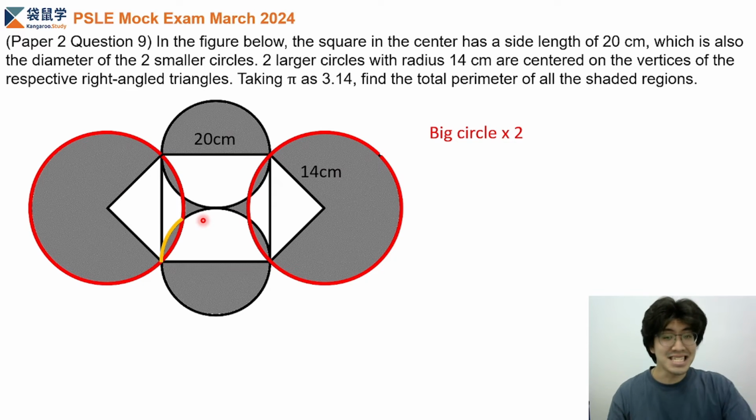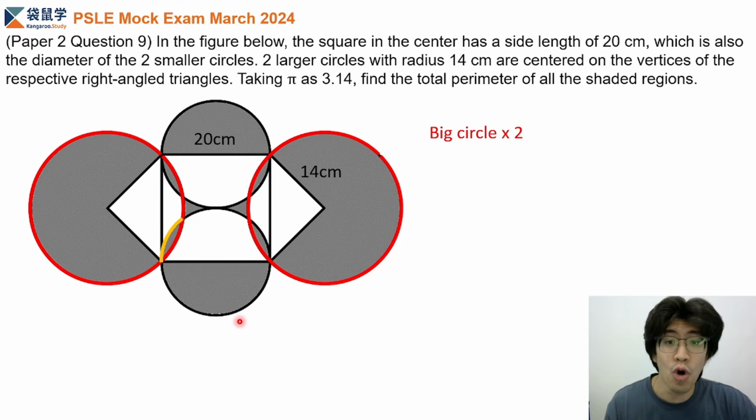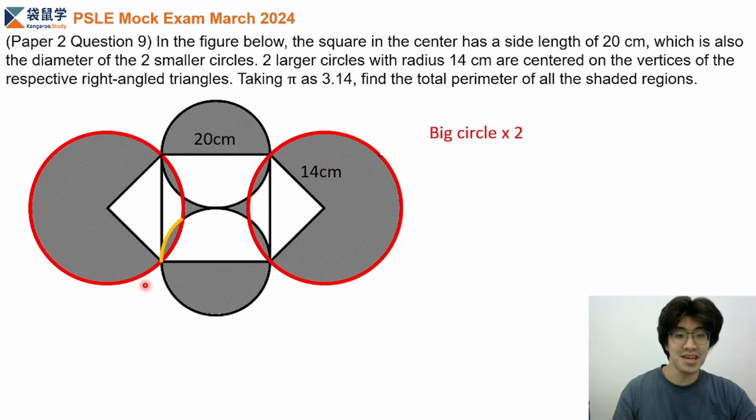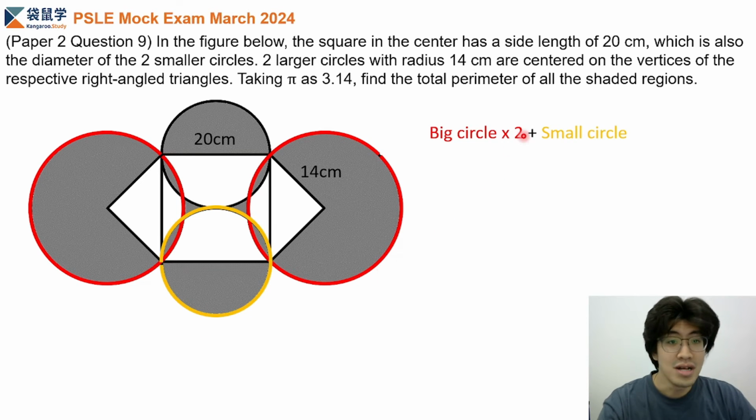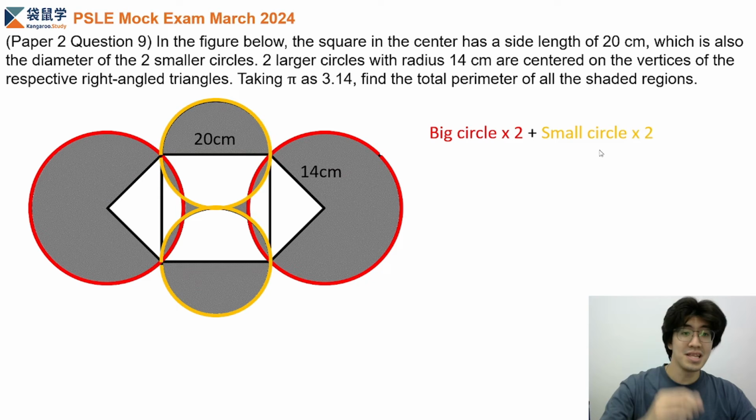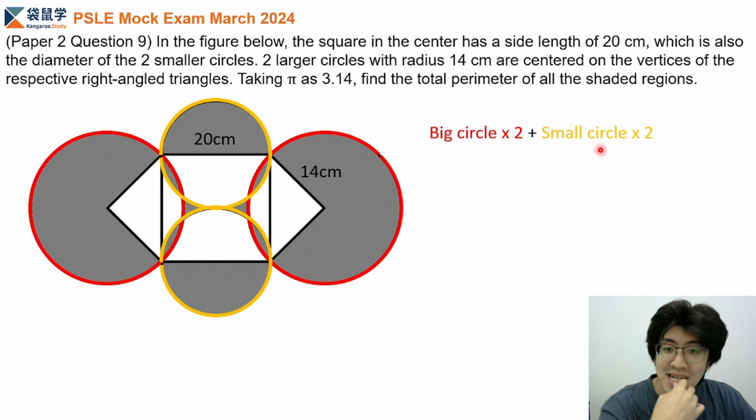Is there any segment that also belongs to this small circle? Yes. So this one, that one, and this one. So if I just combine them with this semicircle over here, I would get one small circle. And since there are two small circles, another to the top, I simply need to multiply by 2.